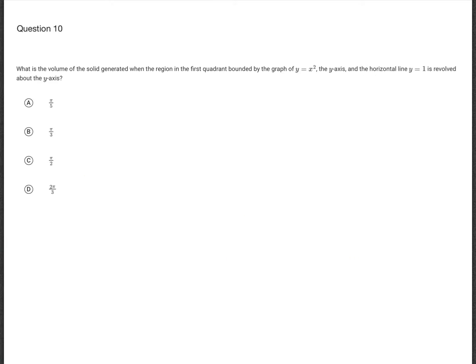Okay, next one, what's the volume of the solid generated when the region in the first quadrant bounded by the graph of y equals x squared, the y-axis, and the horizontal line y equals 1 is revolved around the y-axis.